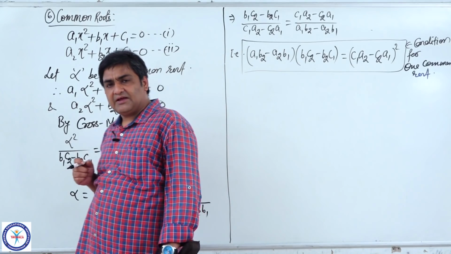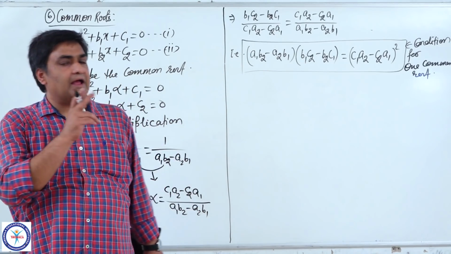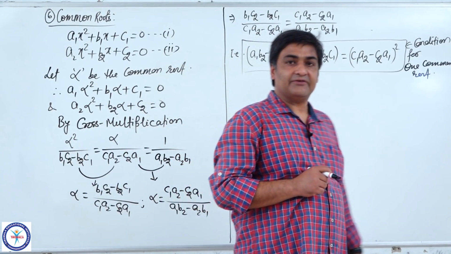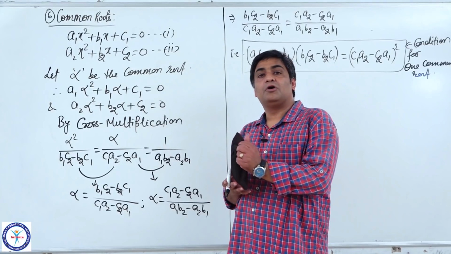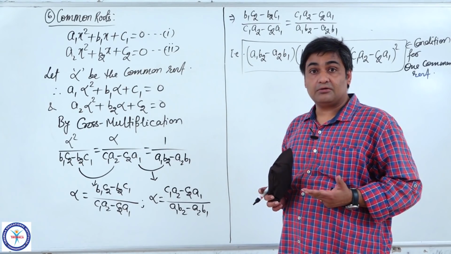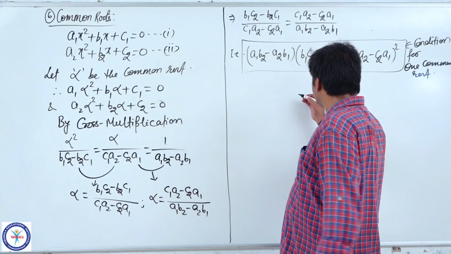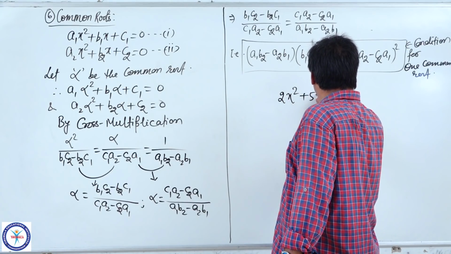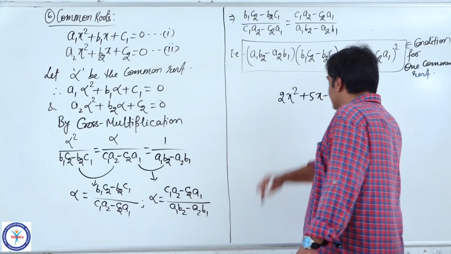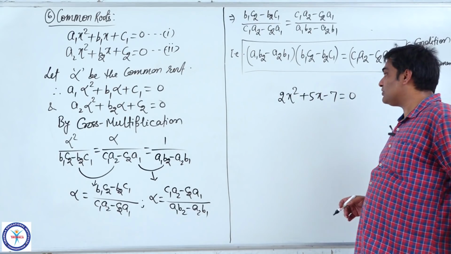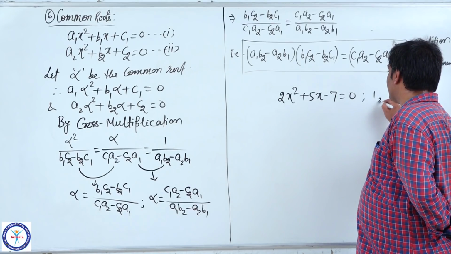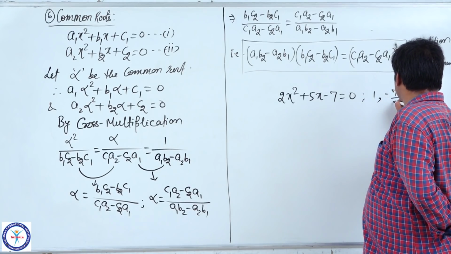Now, other thing is, can two quadratic equations have both roots common? Suppose this is a quadratic equation. What are the roots? 1 and minus 7 by 2.